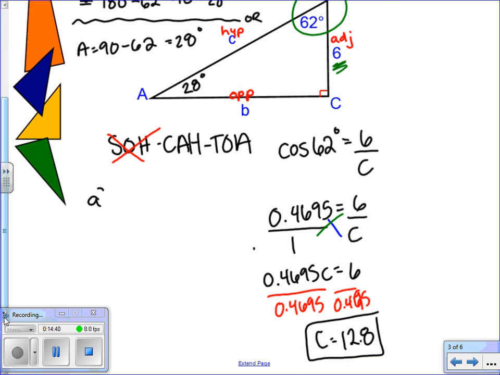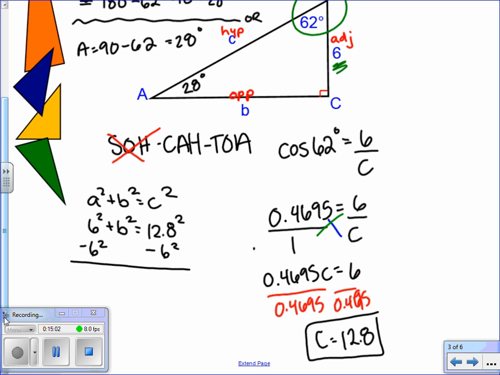Okay. A squared plus B squared equals C squared. And we know we're looking for B, so we know 6 squared plus B squared equals 12.8 squared. Subtract your 6 squared from both sides.